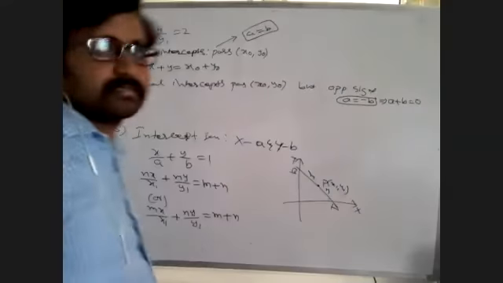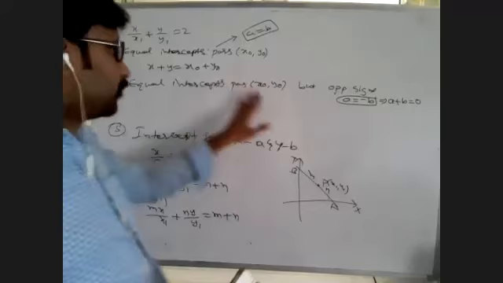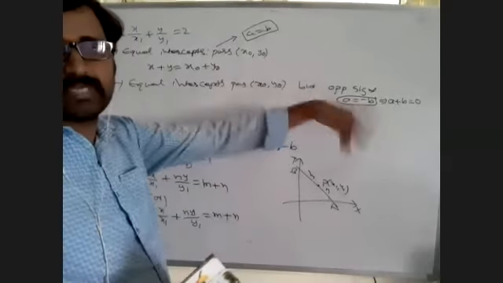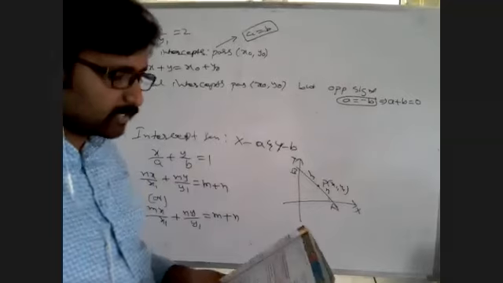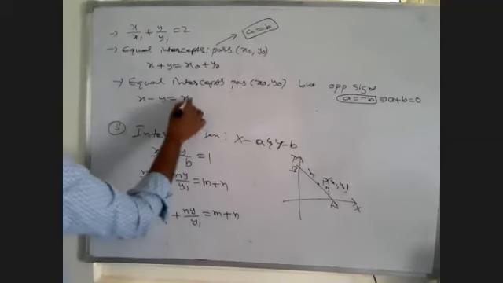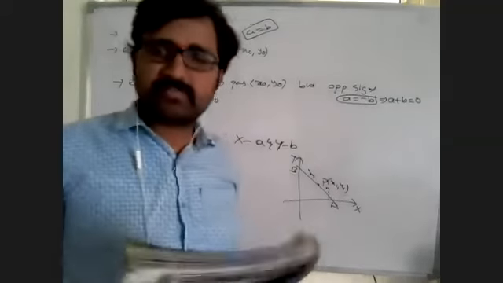So equal intercepts passing through the point but opposite signs: a equal to minus b, b equal to minus a, you can take whichever. Then the equation is x minus y is equal to x naught minus y naught.